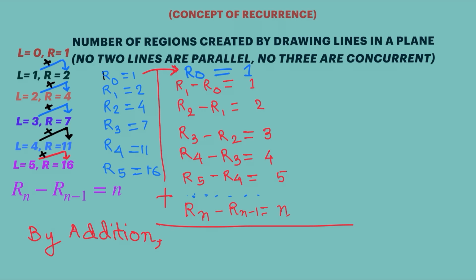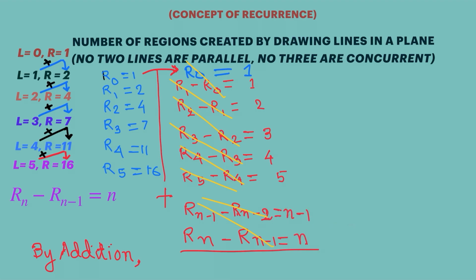That is R1, R1, R0, R0, R2, R2, all will be cancelled with each other, because R0 plus R0 minus, R1 plus R1 minus, R2 plus R2 minus. So in this way we have shown this.